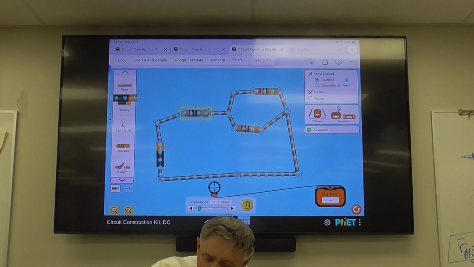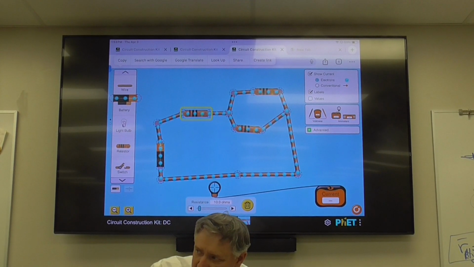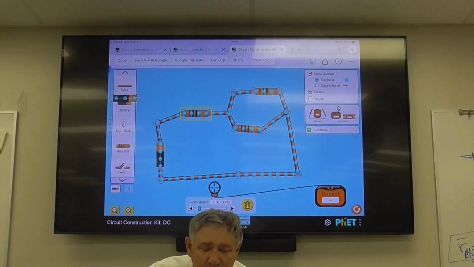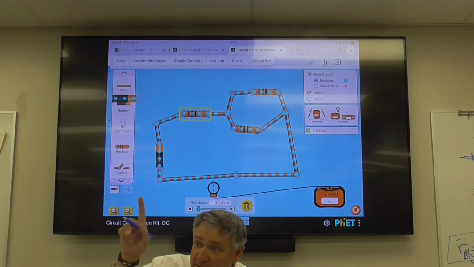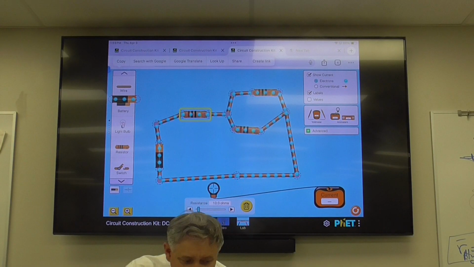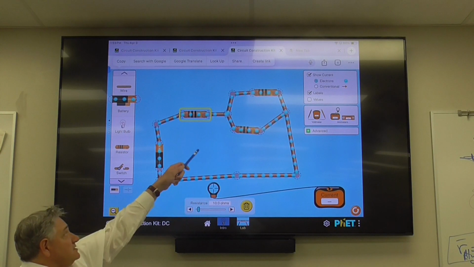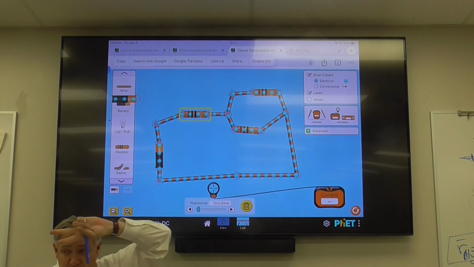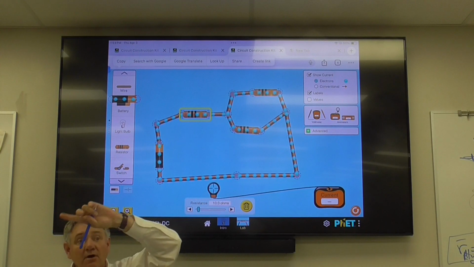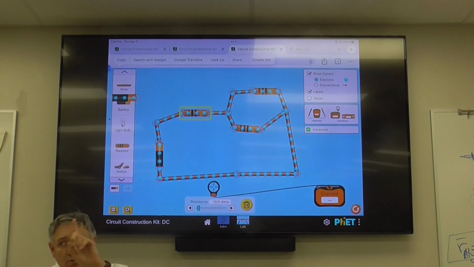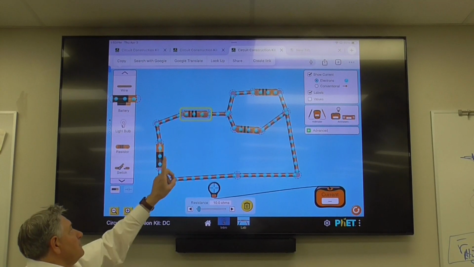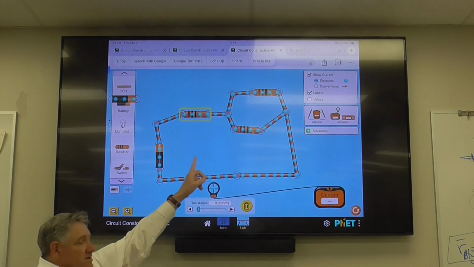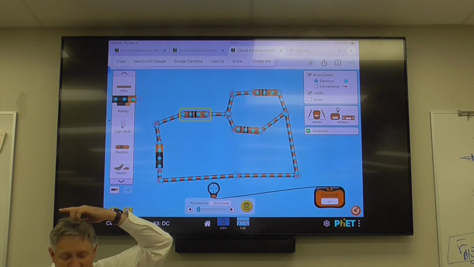So, you've got two 10s in parallel, which would be equivalent to what? 5 ohms, because it's 1 over 10 plus 1 over 10. So those two resistors in parallel are the equivalent of having one 5 ohm resistor, okay? But then, here's the leap of faith that you have to have.